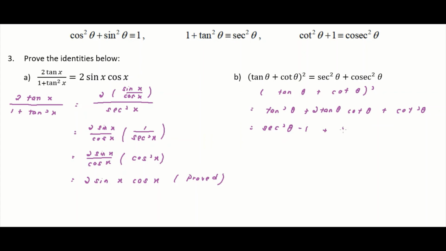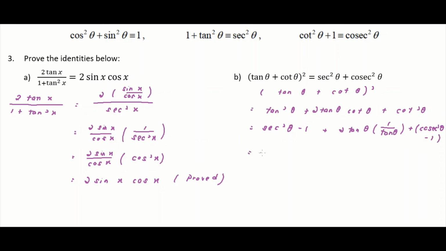Plus 2 tangent theta, and cotangent theta is 1 over tangent theta, so later you can cancel them out. Plus, how about cotangent square? You can change it into cosecant square theta minus 1.